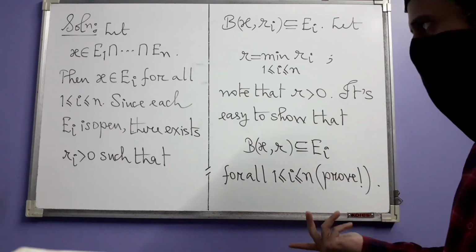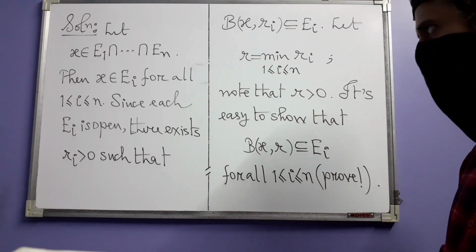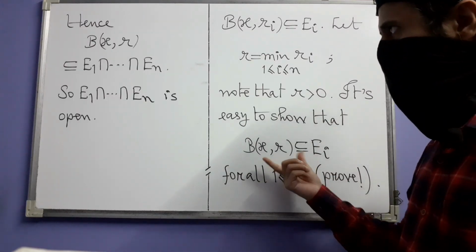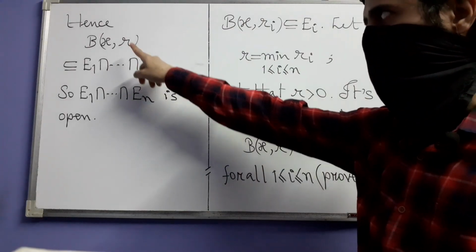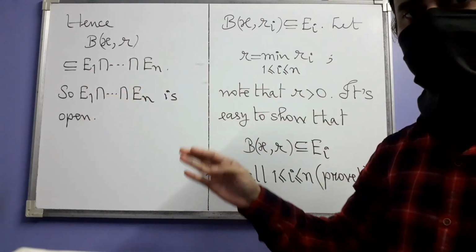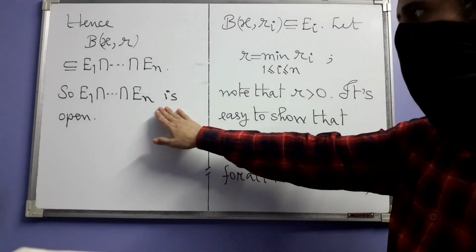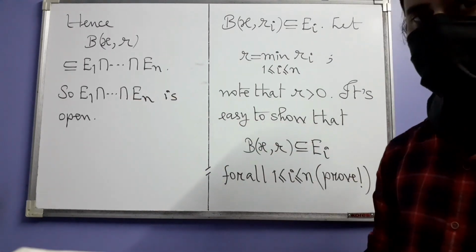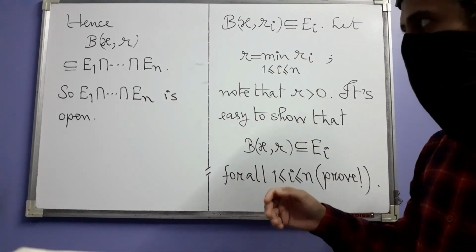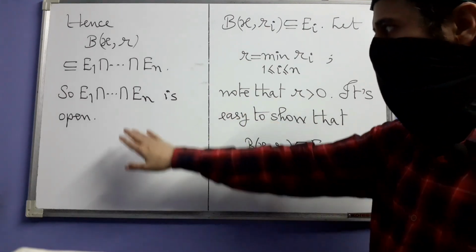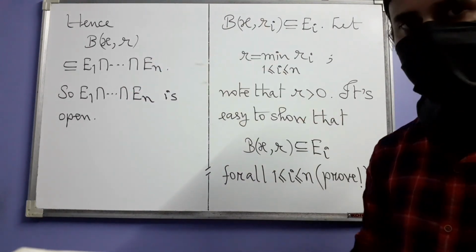But then what are we getting out of this? From all these inclusions, you next get this, that the ball is contained in their intersection as well, and that is why we are straight away writing that this is open. However, exactly how is this open? I mean, how can we draw this conclusion from this?